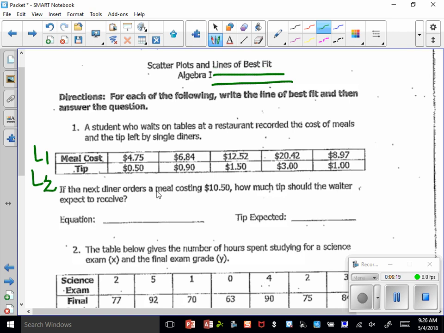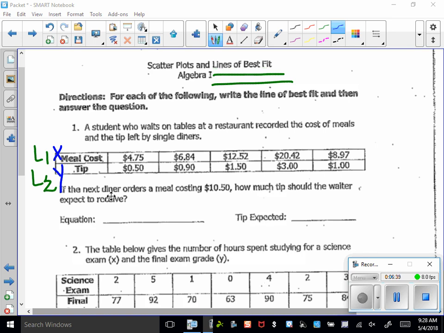Okay, so L1 and L2. Keep in mind, guys, L1 and L2 means this is your X value, this is your Y value. And that's going to be important to know once we get our equation, because we're going to be solving for different variables. So once you have your data in, you're going to do stat over to calc.